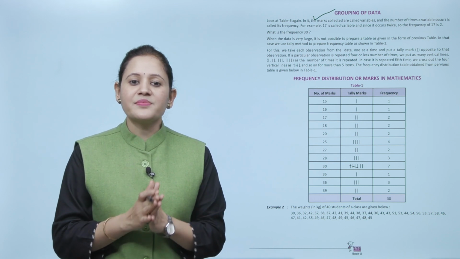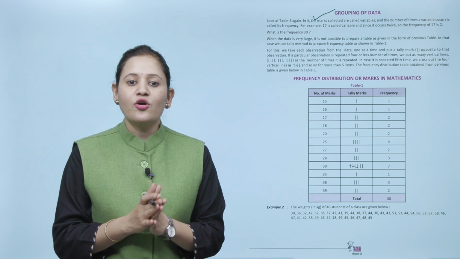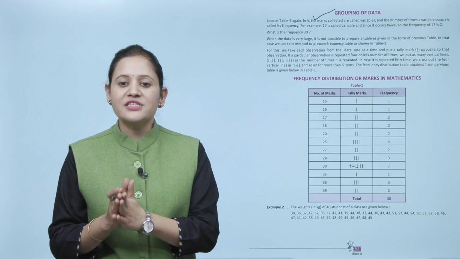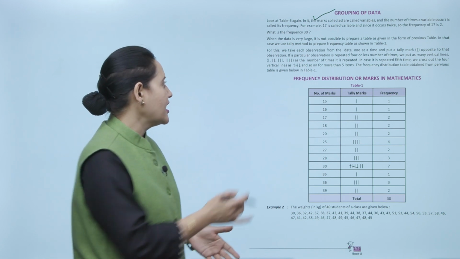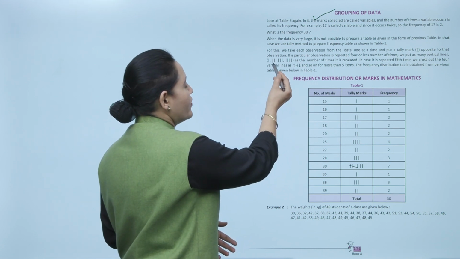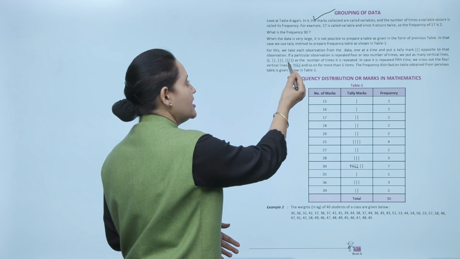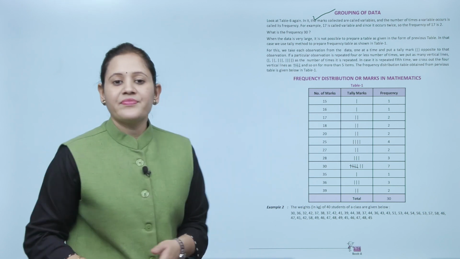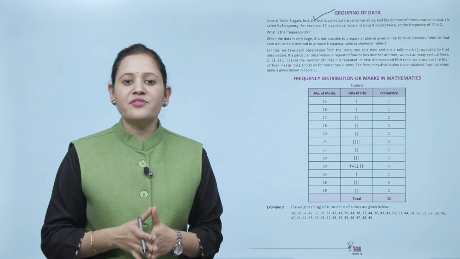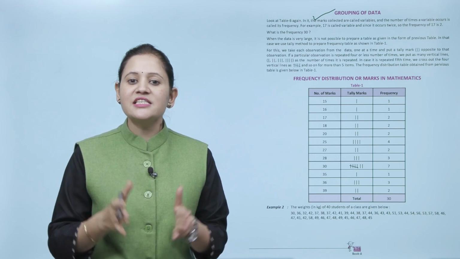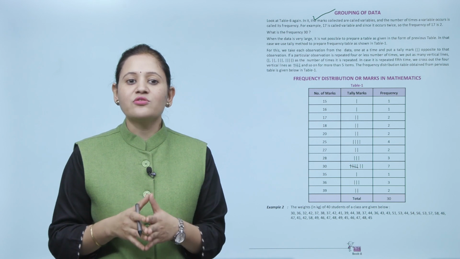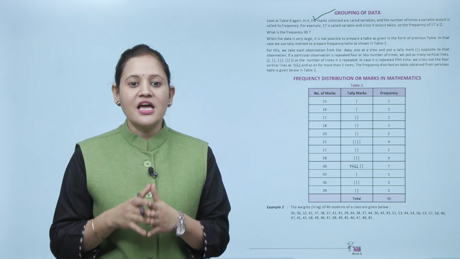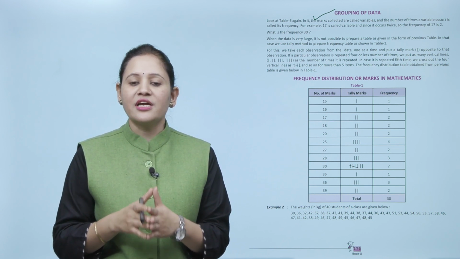If the particular observation is repeated 4 or fewer times, we put as many vertical lines: 1 line for 1, 2 vertical lines represent 2, 3 for 3, and 4 for 4. Clear? In case it is repeated the 5th time, we cross out the 4 vertical lines, and so on for more than 5 times.